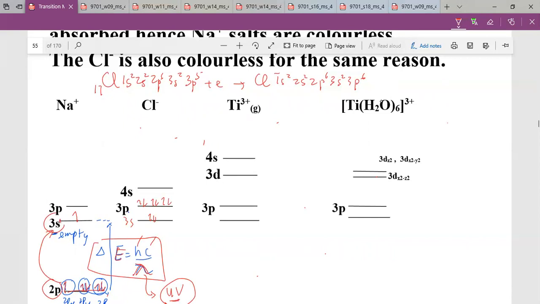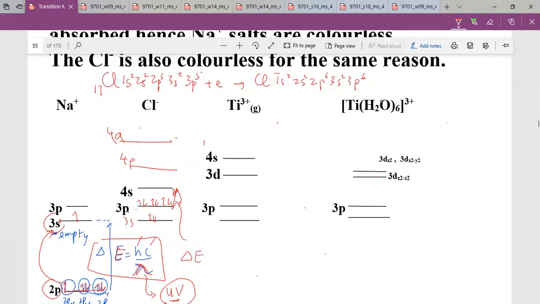They found that if Cl minus were to absorb a wavelength, the electron will be promoted from 3p to 4s, the next level. Of course, there's a 4p and a 4d, but they are higher energy levels, so the nearest one is 4s.